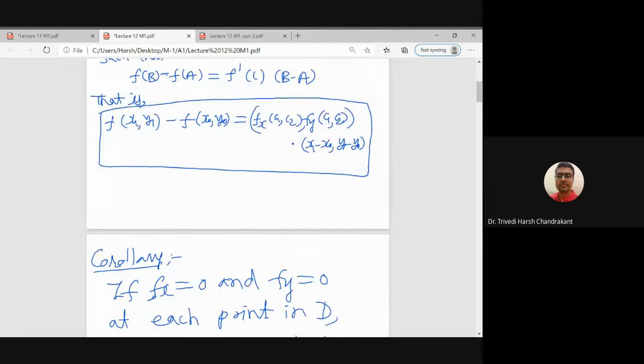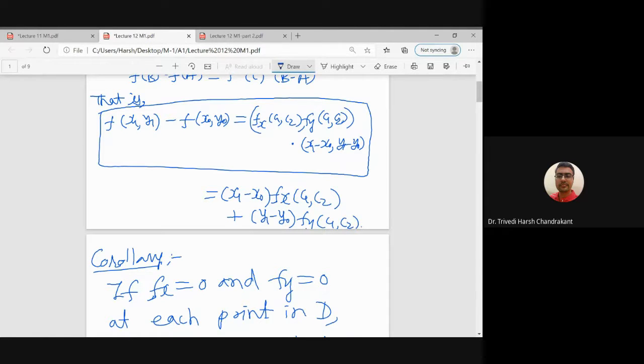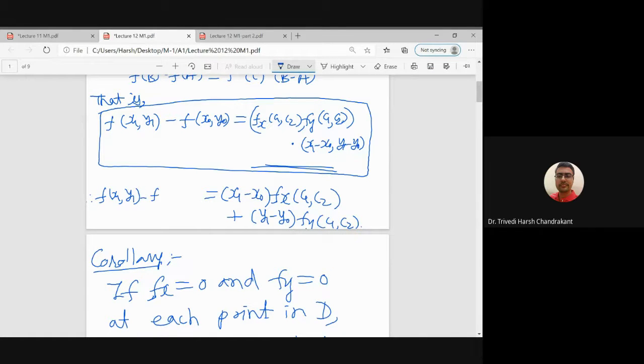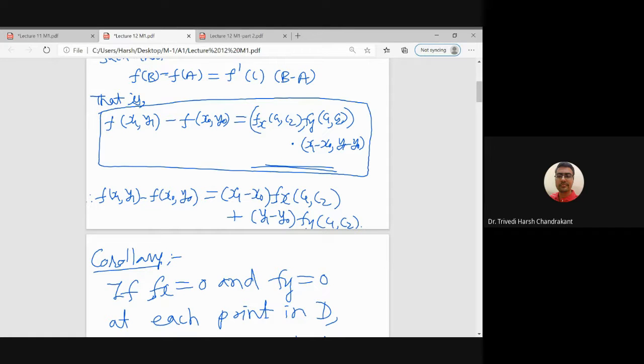If we simplify this by taking the dot product, we get (x1 minus x0) times fx(c1, c2) plus the second coordinate multiplication, because this is a scalar product, a dot product. So f(x1, y1) minus f(x0, y0) is this value if the mean value theorem holds.